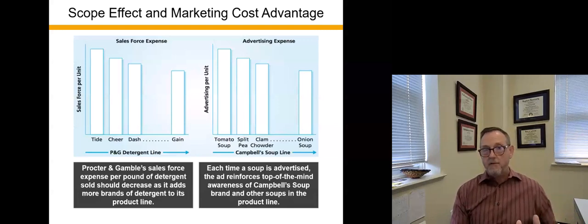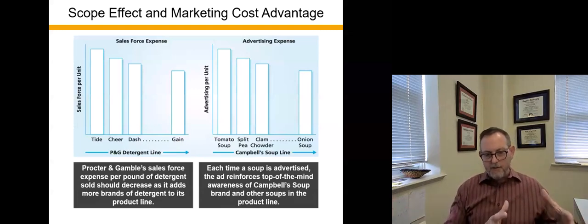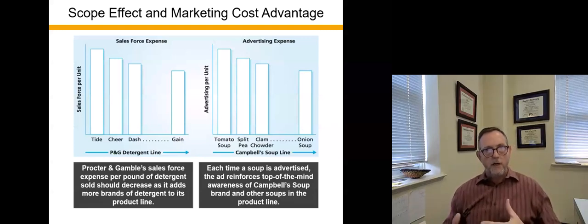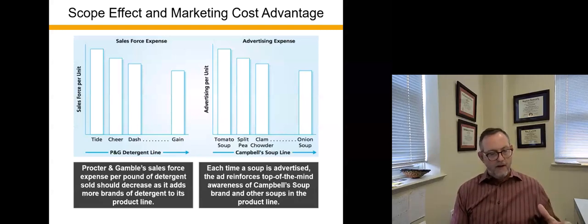Here are two examples of companies that have broad products. Remember that scope idea, where we have broad product lines and we're able to duplicate marketing efforts across those product lines. In this case, it's not production, but things like putting products on shelves.